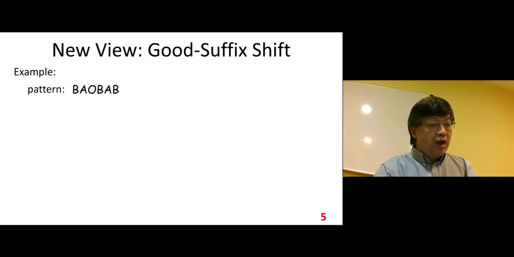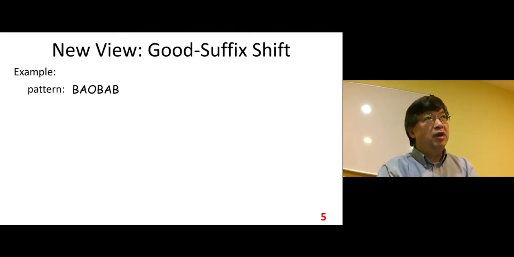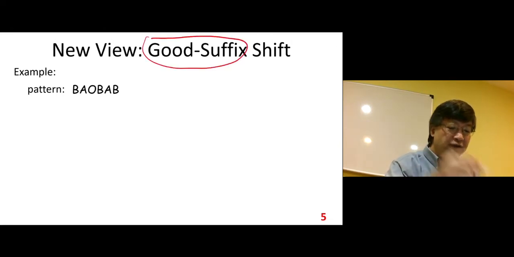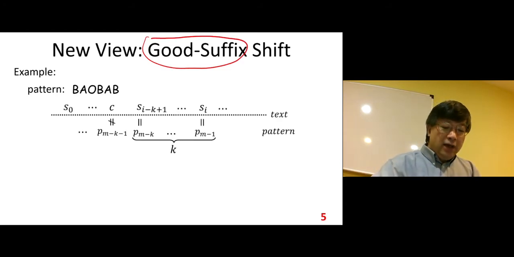Next, a new view: good suffix shift. We want to get another distance definition, the level 2 distance. But this time we take a new view, the good suffix view. Let's look at this diagram again.